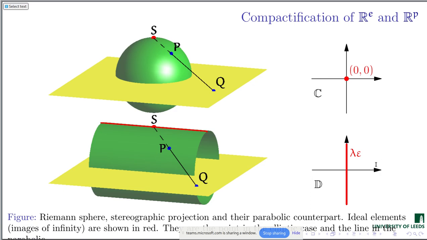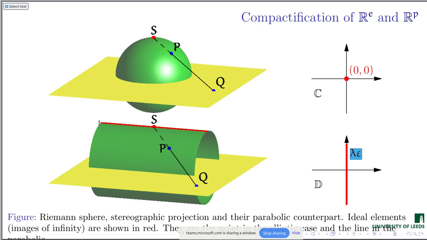What happens with dual numbers? With dual numbers, there is a much larger set of exclusions from division. We cannot divide by anything which contains lambda epsilon, so an entire line. So we need more exceptional points. To have a kind of compactification, instead of the Riemann sphere, we need to take something like a cylinder.